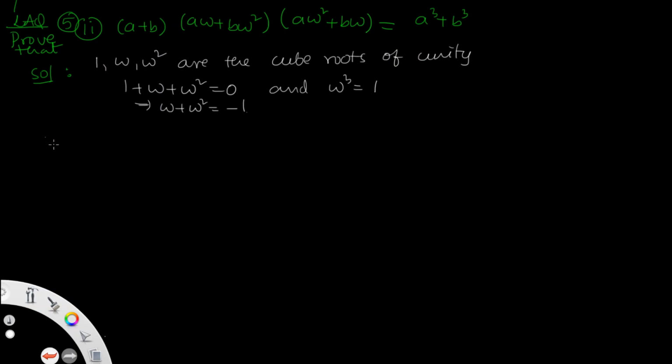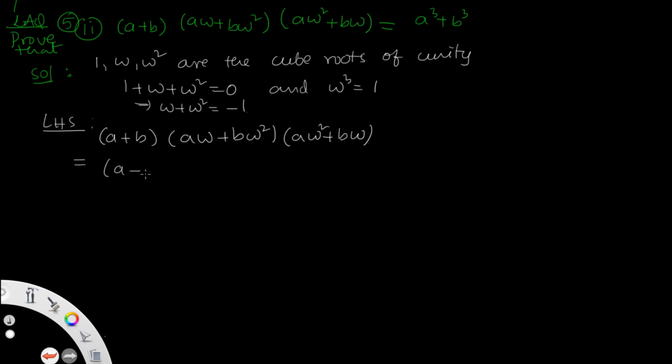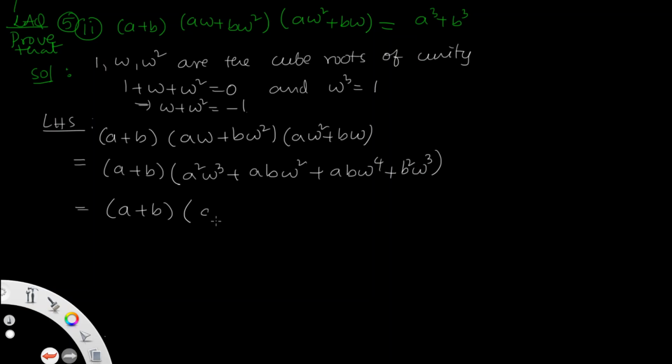Next, the LHS is (a + b)(aω + bω²)(aω² + bω). Now do general multiplication for the second and third terms: a²ω³ + abω² + abω⁴ + b²ω³. So that is equal to (a + b) times a² into ω³, which is 1, the product of the cube roots of unity, plus ab as common, then ω² + ω⁴, plus b².